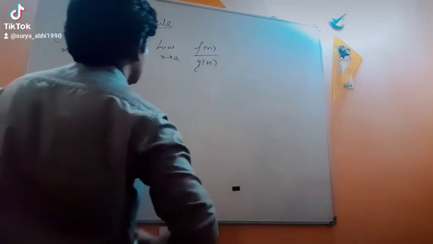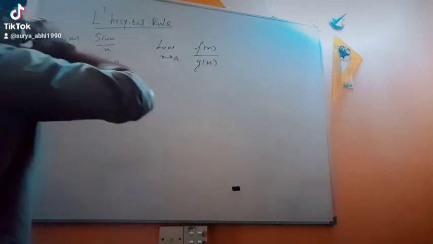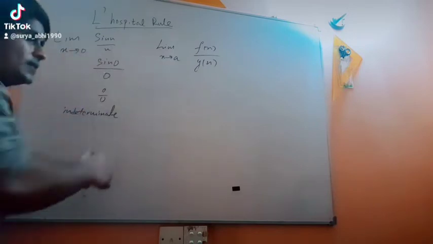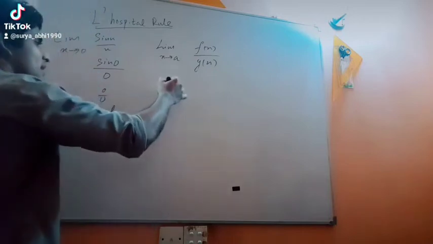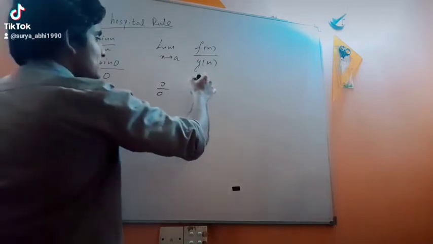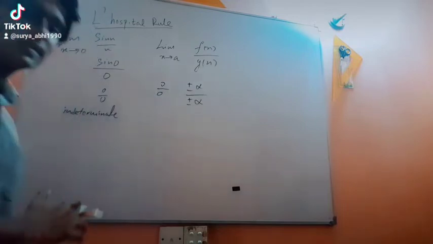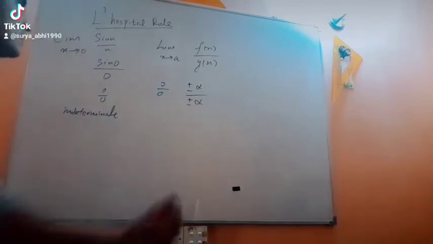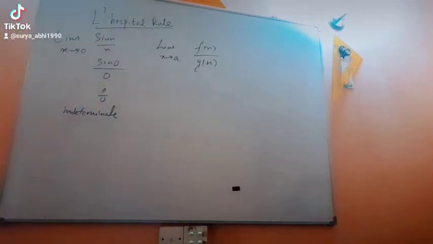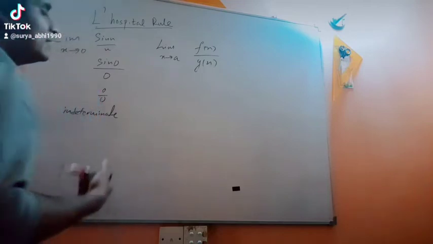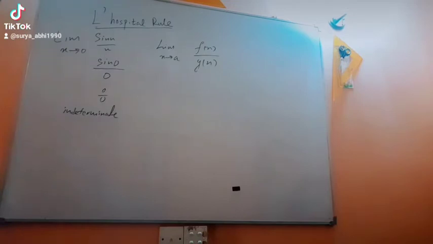If you directly apply x tends to a there and you get an indeterminate form, something like 0 divided by 0 or plus or minus infinity divided by plus or minus infinity, you cannot keep the answer like that. What you can do is find the derivative of the numerator.